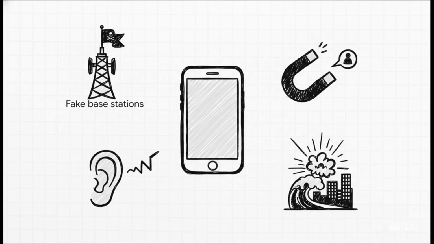Attackers could set up fake base stations, sometimes called stingrays, to trick your phone into connecting to them and then steal your data. They could use IMSI catchers just to track your physical location. They could eavesdrop on unencrypted calls or launch these crazy signaling attacks that could knock out service for an entire city. And these aren't just some sci-fi theories. These are the very real threats this whole architecture is built to defeat.